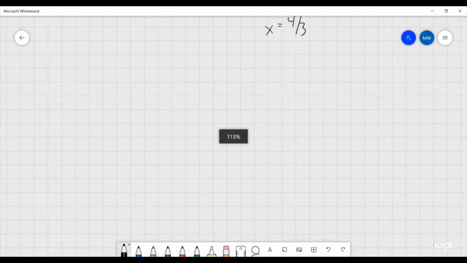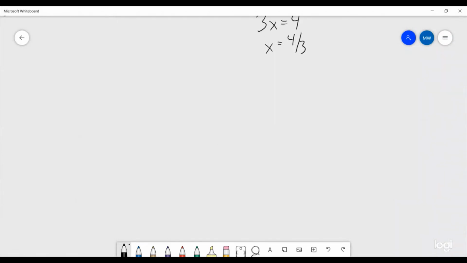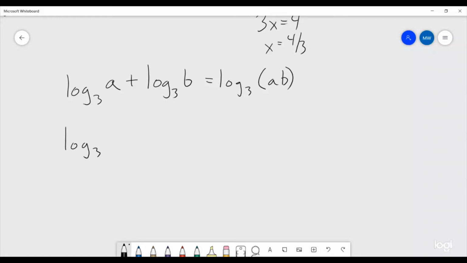Some other properties that logarithms have include, if we have log base 3 of a plus log base 3 of b, because both of these are the same base, we can actually combine them this way. This is equal to log base 3 of a times b. So an example of this might be log base 3 of 9 plus log base 3 of 27.